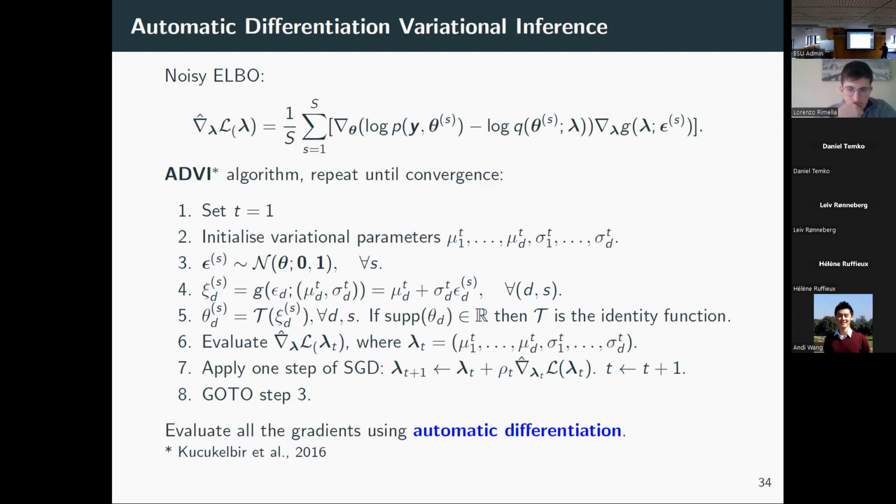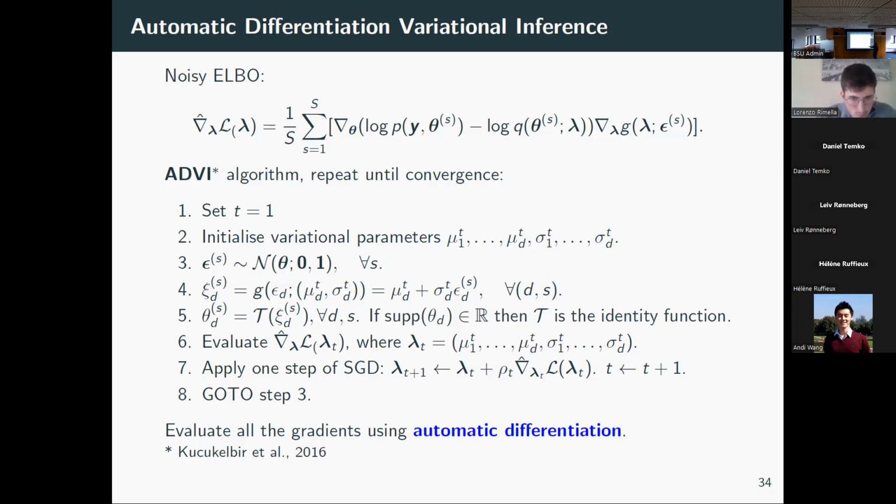So once we have that, this is the basic algorithm, right? We start with our iteration counter, step 1. These are our variational parameters. Initialize them, then sample from the variational distribution and do the reparameterization using the G function.